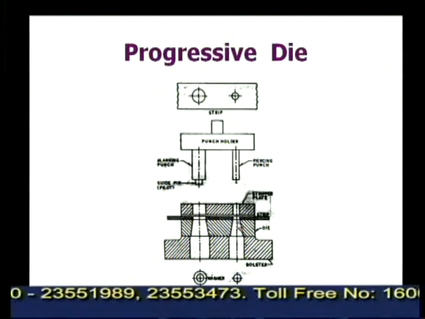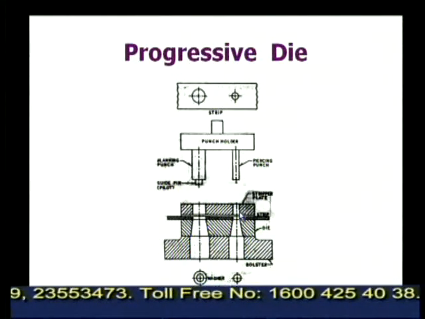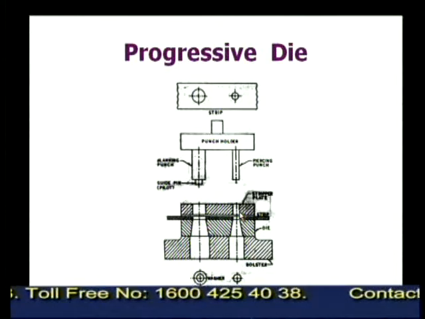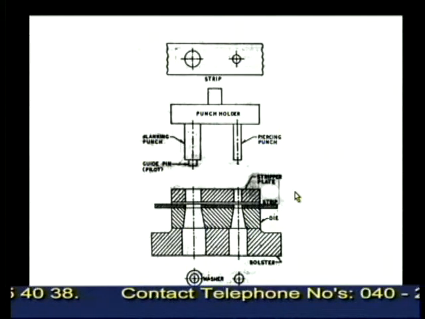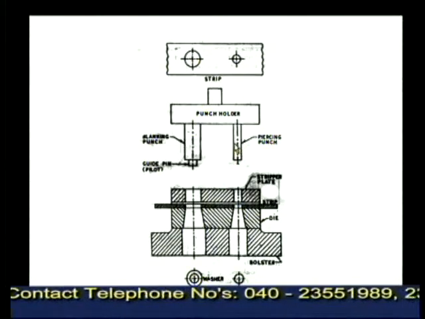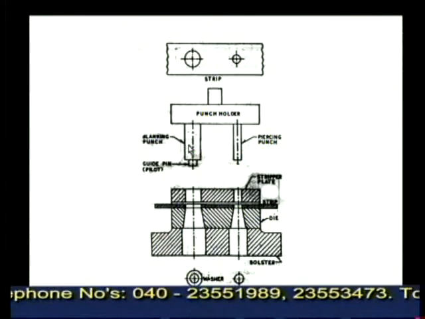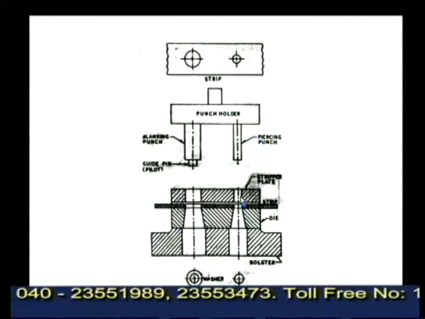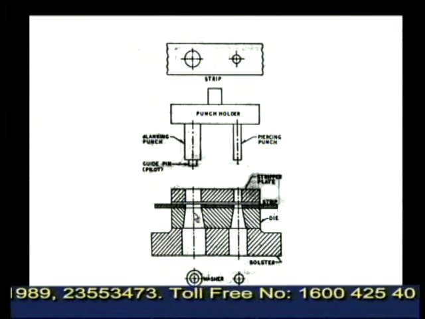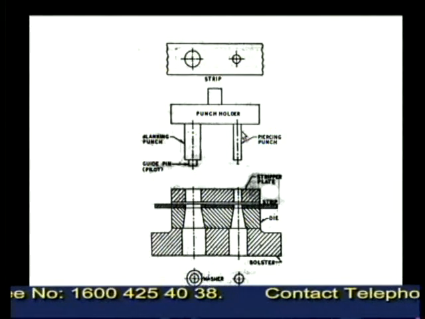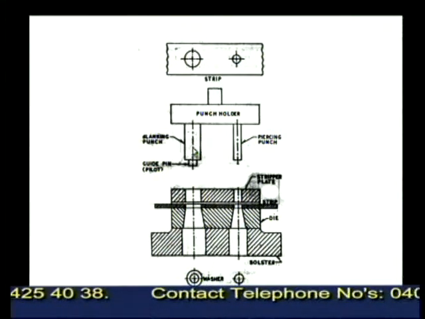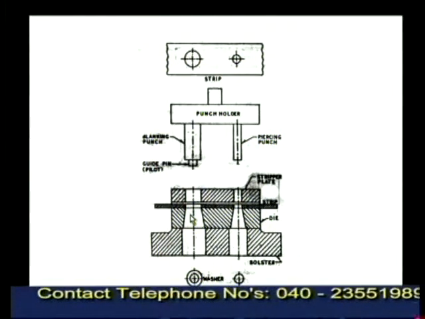That means the two operations are conducted on the same material progressively. Here it can be seen this is one punch, this is another punch, this is a die cavity, and this is another die cavity, and this is a stock. This station is called the first station, and this station is called the second station.